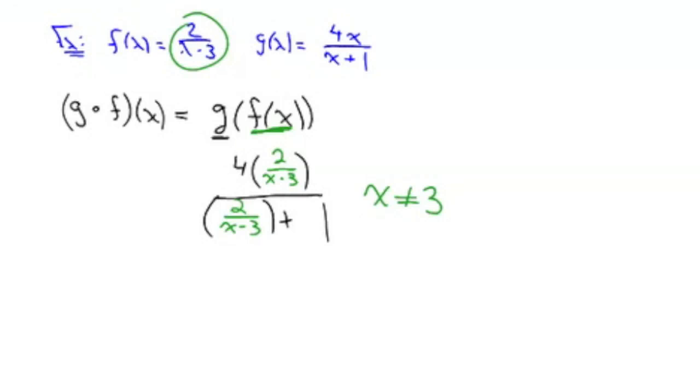Multiply everybody by the common denominator. What's the common denominator? The only denominator you see out of the fractions inside is x minus 3. So you multiply everybody by x minus 3.